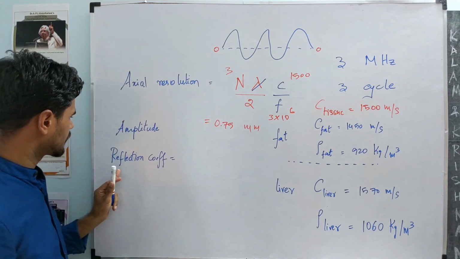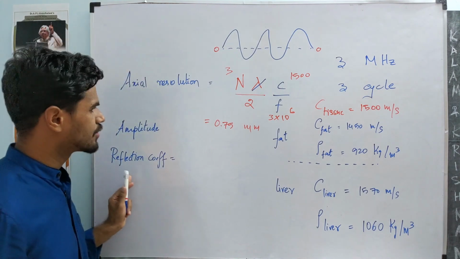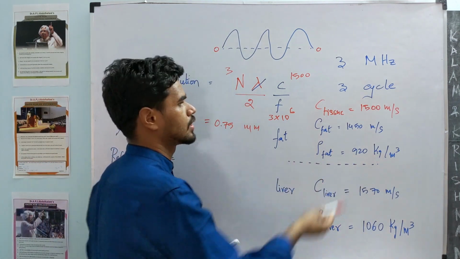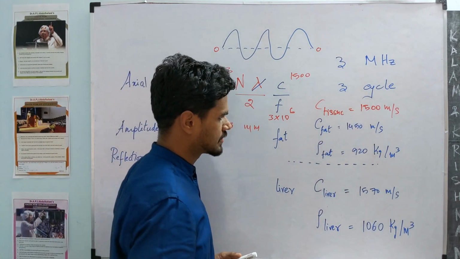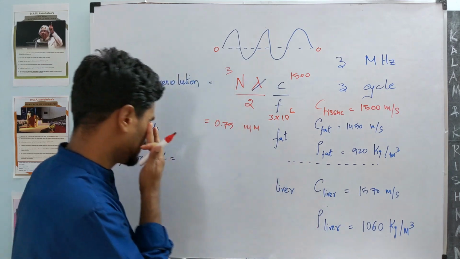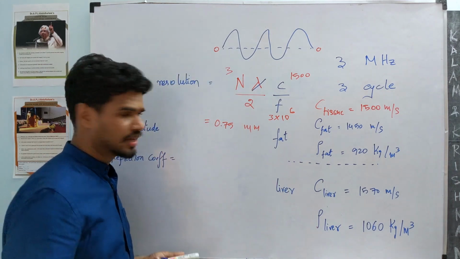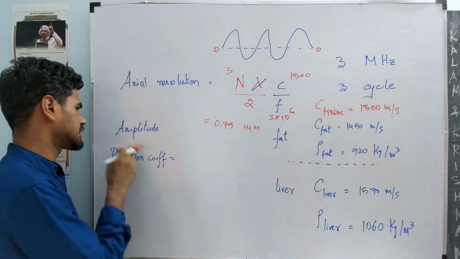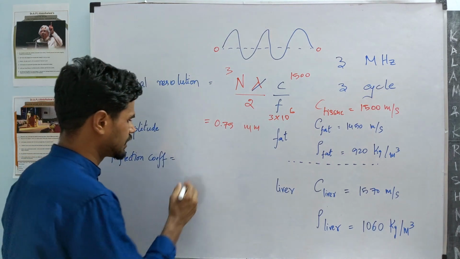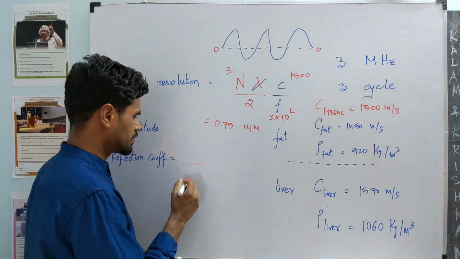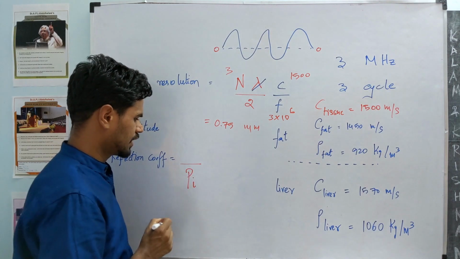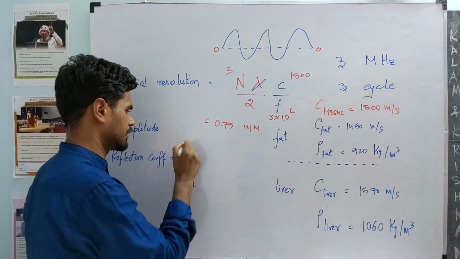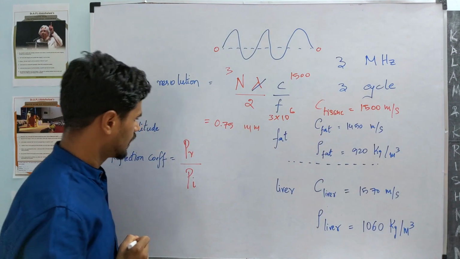Okay, and for the amplitude reflection coefficient, whenever we have an interface and an ultrasound pulse hits the interface, we have this total incident pressure. This amplitude reflection coefficient is the pressure amplitude reflection coefficient. So that is the ratio between the incident pressure and the amount of pressure that gets reflected, PR over PI.